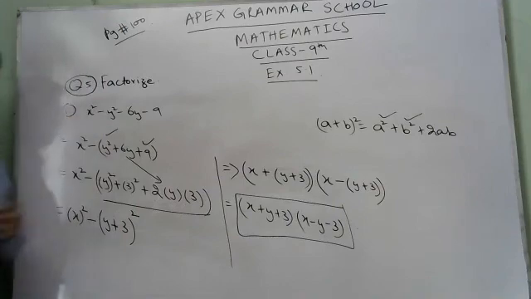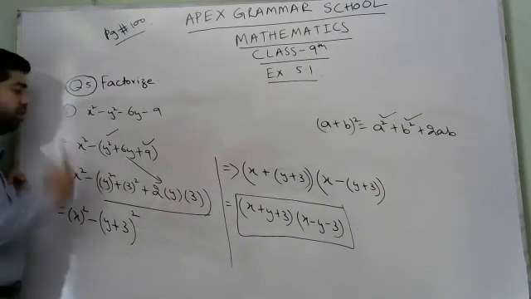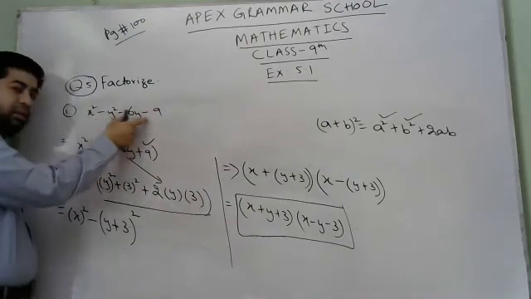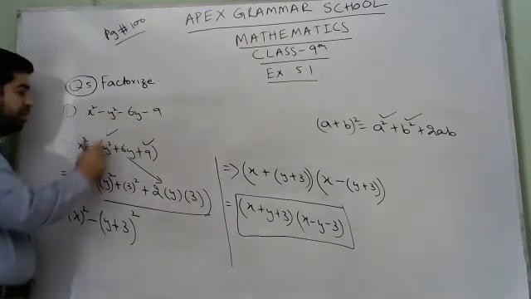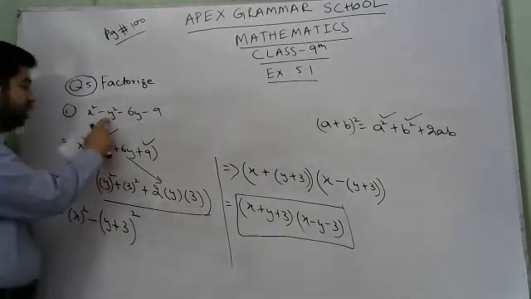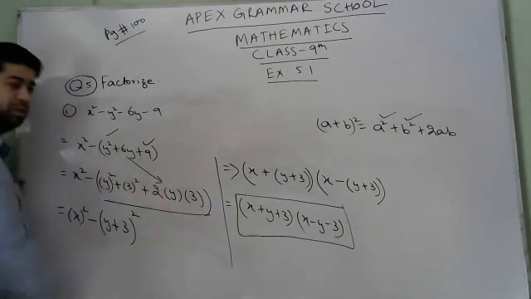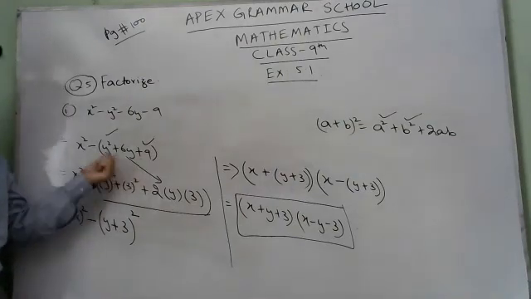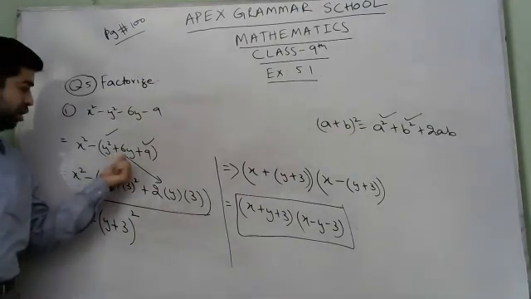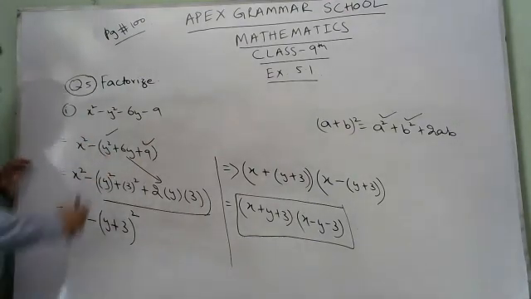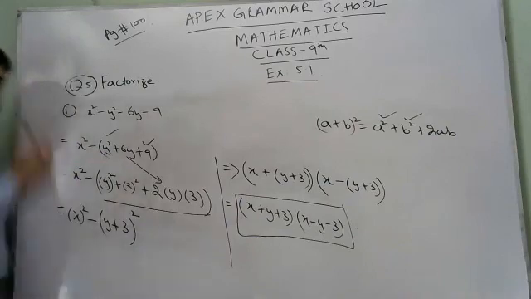From the first step, again, after taking the minus sign, these signs will be positive. After taking common minus sign here, this y square, this 6y, this 9 will be positive. Now you have to verify that this will be a plus b whole square or not, because y square, 6y, and 9, these all signs are positive. So first we have to find two positive squares.